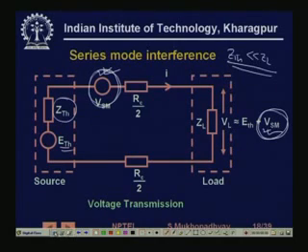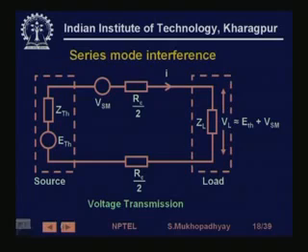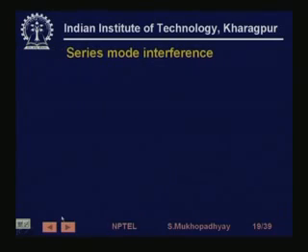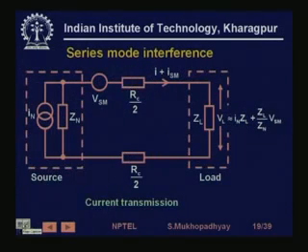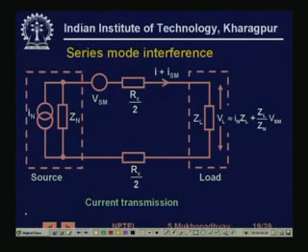On the other hand, if you see a corresponding current source, here we have a current source, and for this current source, as we always know, Zn is going to be much larger than ZL, right.